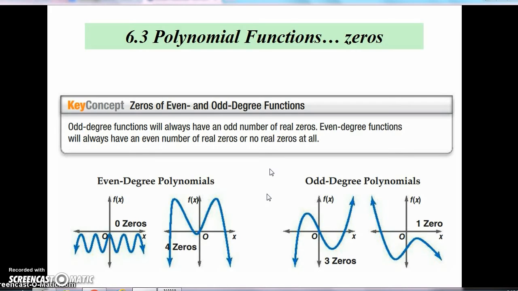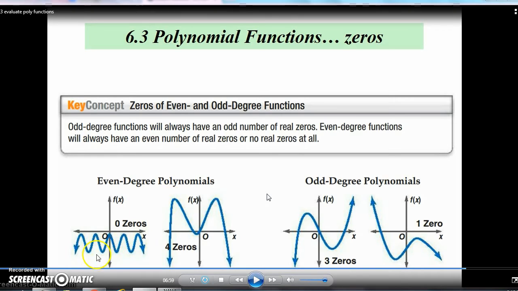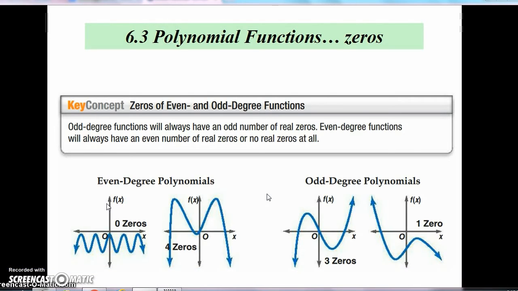And the same with even degree polynomials. You're not going to have an odd number of zeros crossing the x-axis for something to the second power, fourth power, or sixth power. It is either going to be entirely below or above the x-axis because both ends are going the same way. So all of its hills will be above or below, or crossing right in the middle, if that's where it happens to be.